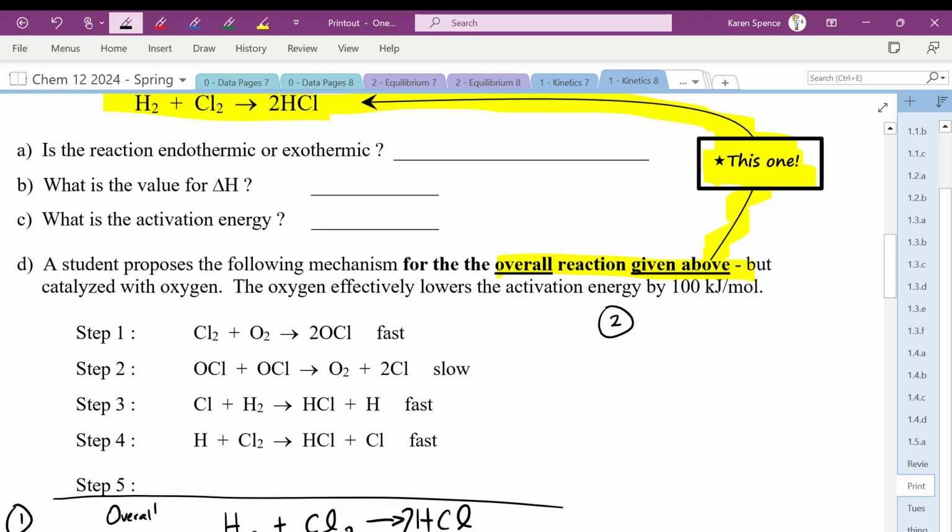Second, we're going to make sure we have everything we need for the overall reaction.